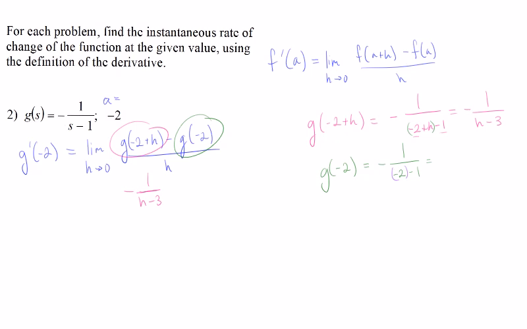Okay, and now this is a little bit easier to simplify. -2 minus 1 is -3, so it'll be -1 over -3. This negative here is still there. And -1 over -3 is just going to be positive 1/3. Okay, so I'm going to put a minus because there's a minus built into the formula here, and then I'll put 1 over 3. Let me put that in green just to match what we just did. Okay, so that's my g of -2 there.